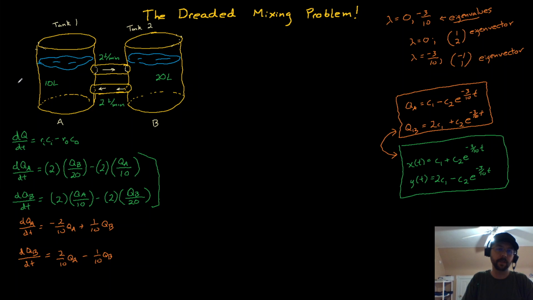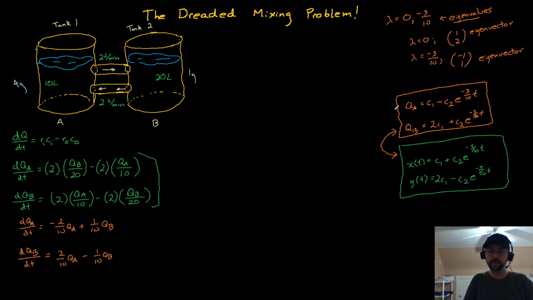Let's say that this one starts with, what's going to cancel out really nicely? How about just 4 grams of salt? And this one starts with 1 gram of salt. Really tiny amounts. Yeah, let's just do that. Let's see what happens over time.